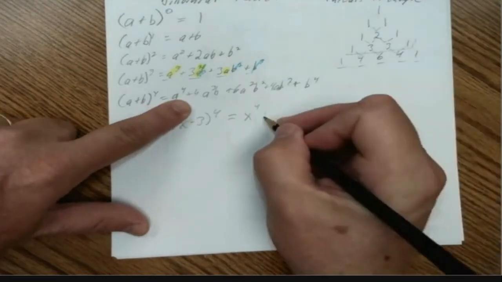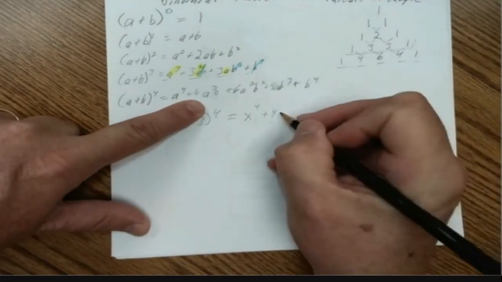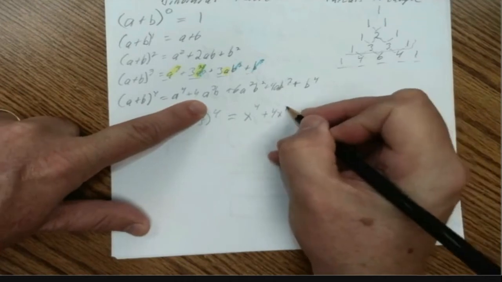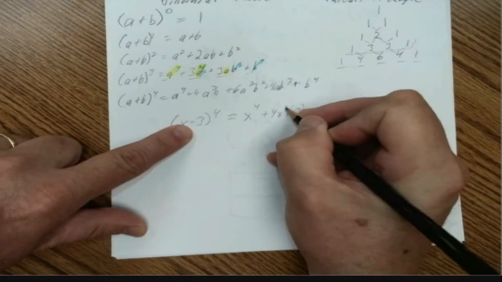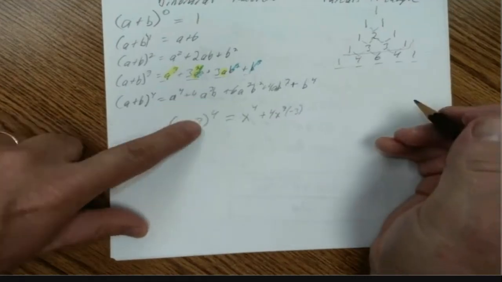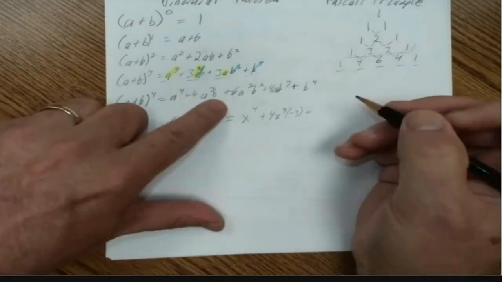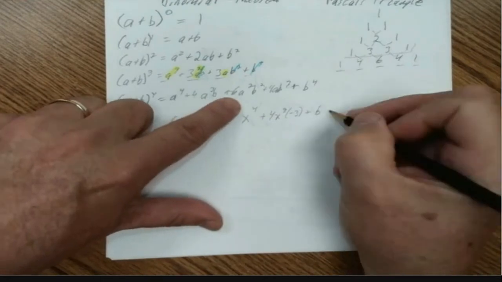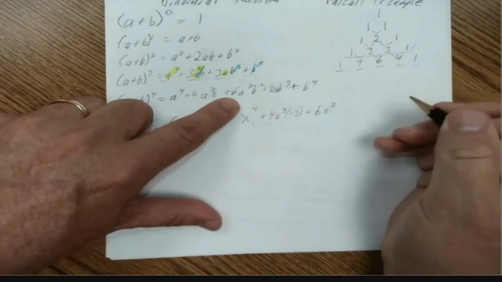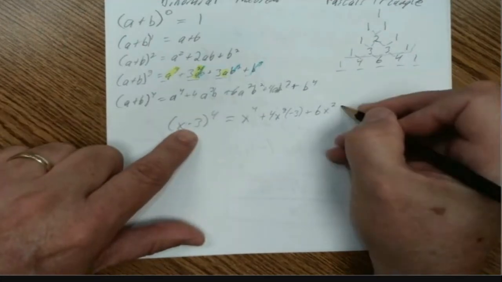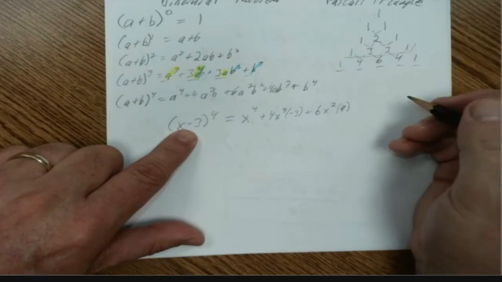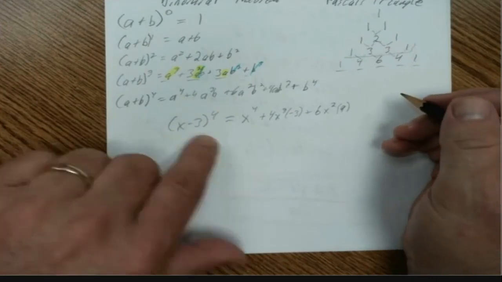Then we'd have plus 4 times x to the third times negative 3 to the first power. Plus, now we know it's 6 times x squared, b squared, negative 3 squared, which is 9.